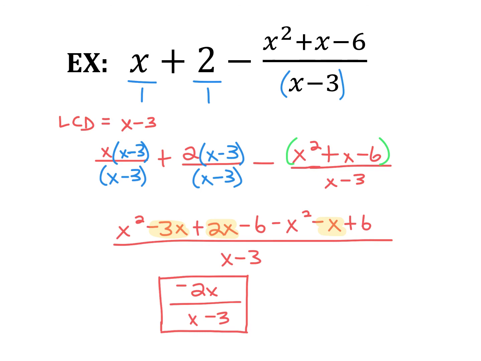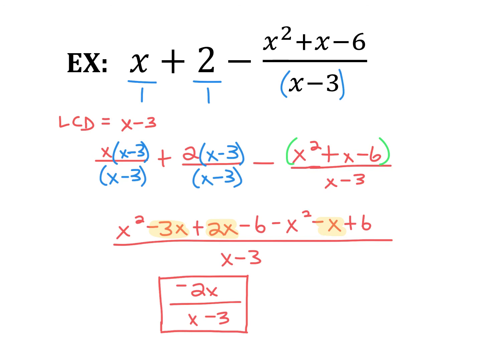Now, you may leave your final answer in factored form. That is completely fine, but do make sure that you simplify your answer completely. And then my final hints: if there is any way that you can simplify the rational expressions before you even determine what the least common denominator is, take advantage of that, because that will make your subsequent work simpler. And the final thing is make sure that you do your best to find the least common denominator between the rational expressions that you're adding or subtracting, and not just a common denominator.